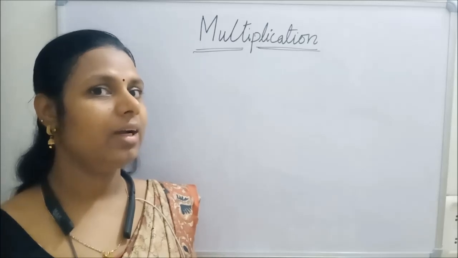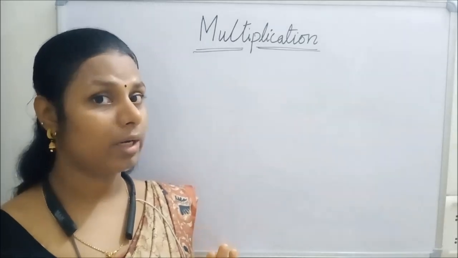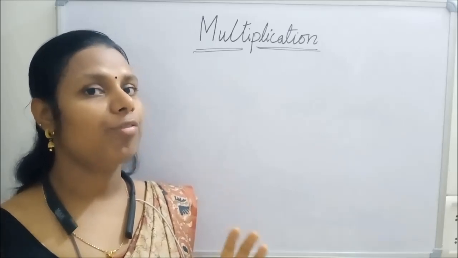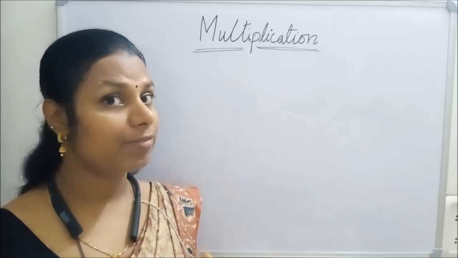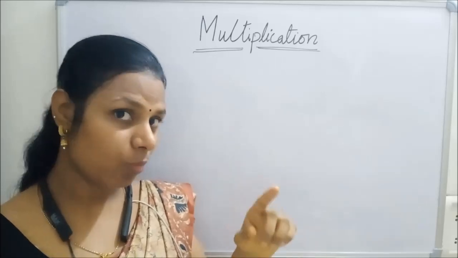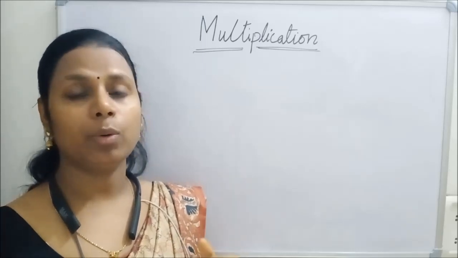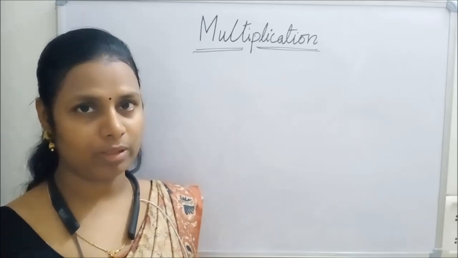Third one, order property of multiplication. Fourth one, grouping property of multiplication. And fifth one, distributive property of multiplication over addition. Okay. So now we are going to learn about all these 5 properties.